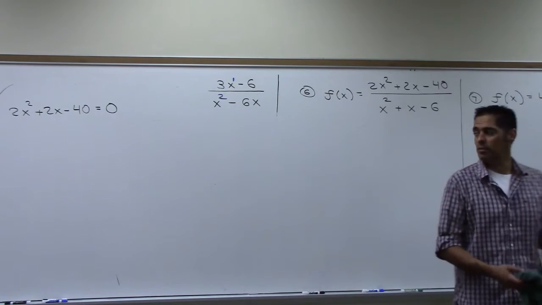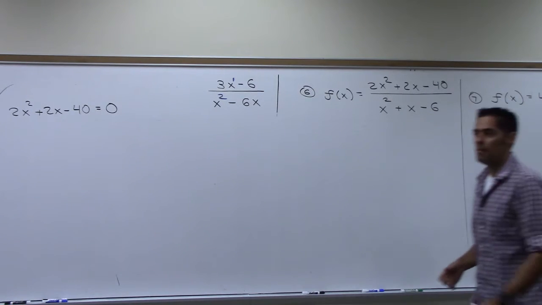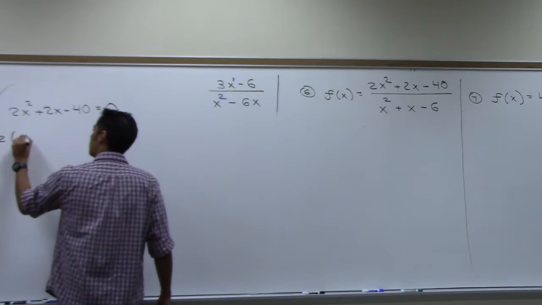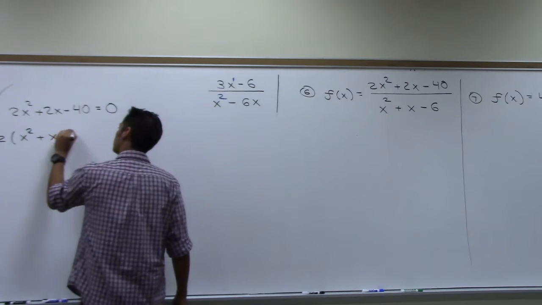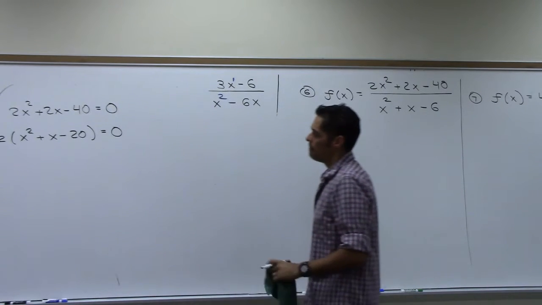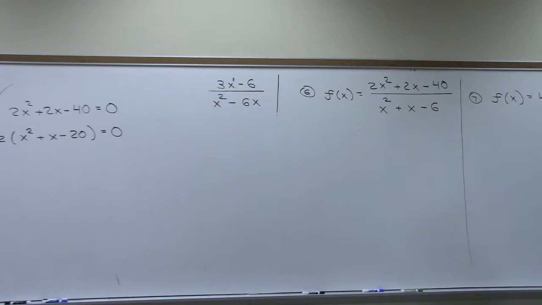So how would you factor that? I would take out a 2 first. It might make it a little easier to work with. Factor out a 2. GCF of 2. And then you have to factor x squared plus x minus 20.